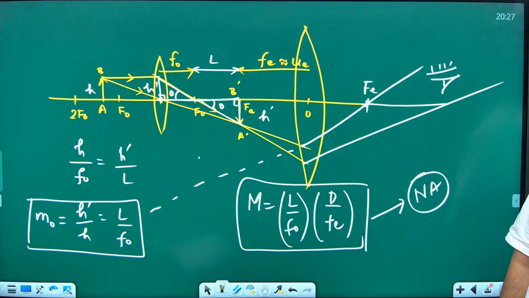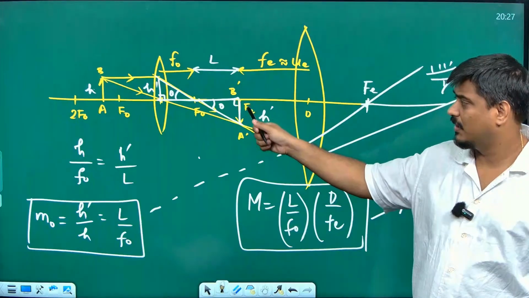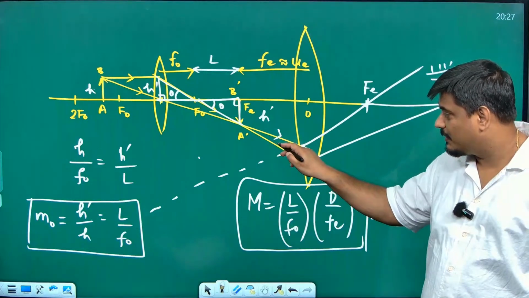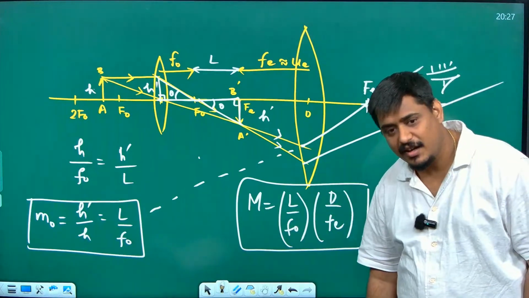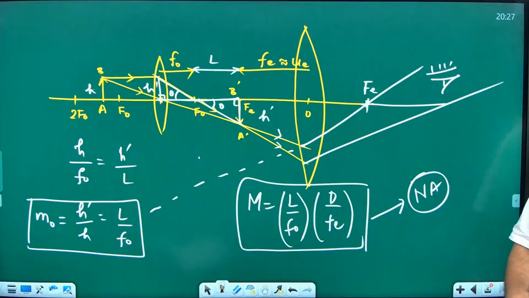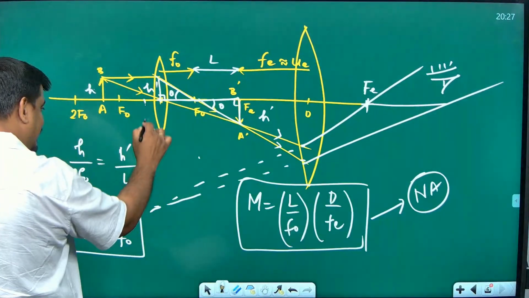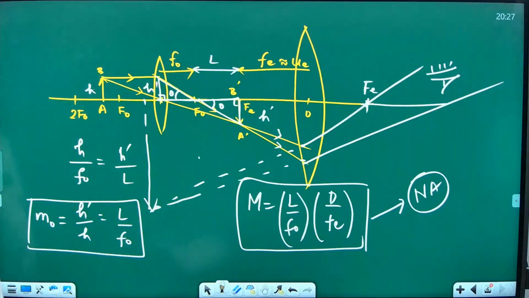They are taking inclined rays only in the NCERT book. And then they are joining these two and writing the final image as A double dash B double dash. Are you getting? That's how NCERT is doing.